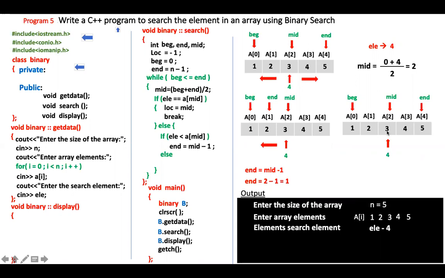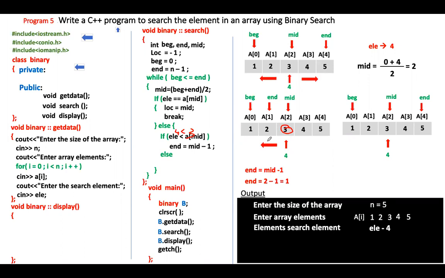My element 4, I will be checking whether it is present over here or not. How will it go to the right hand side for checking the element? If my element 4 is less than the mid value, which is 3, is 4 less than 3? It is not less than 3.